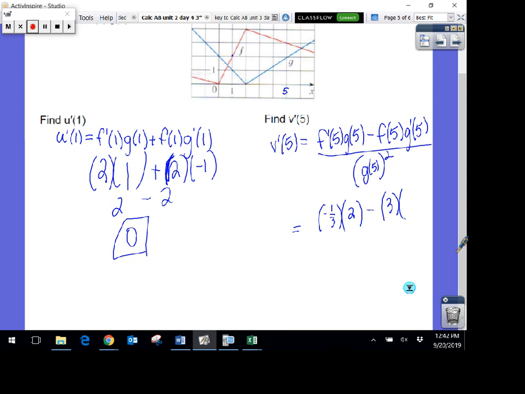So down 2, left 3, so positive 2/3. g of 5, we already found to be 2. 2 squared, we get 4.